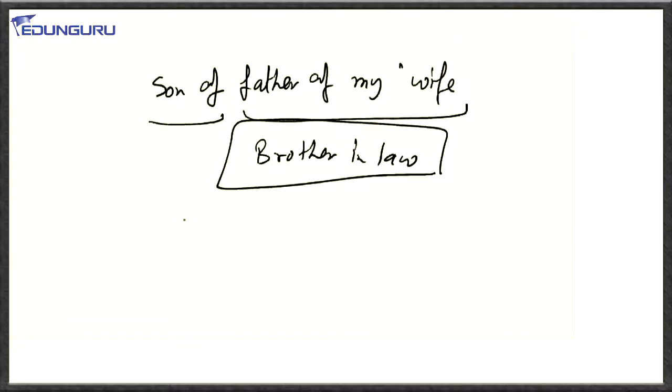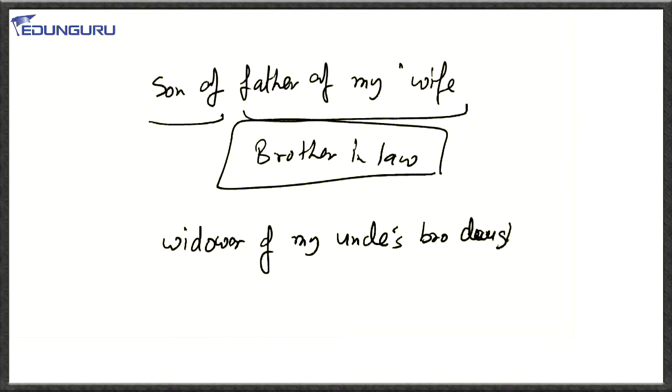All right. Let's take one more example. Second example is a woman pointing to a man said, he is widower of my uncle's brother's daughter. So again club this part, my uncle's brother's daughter.